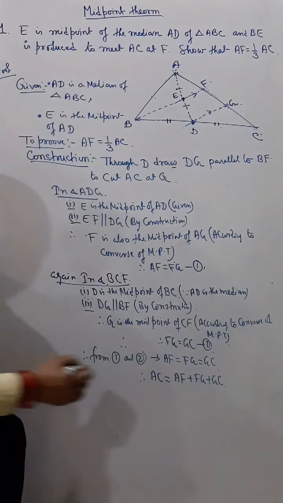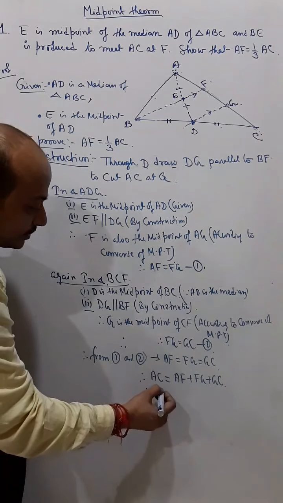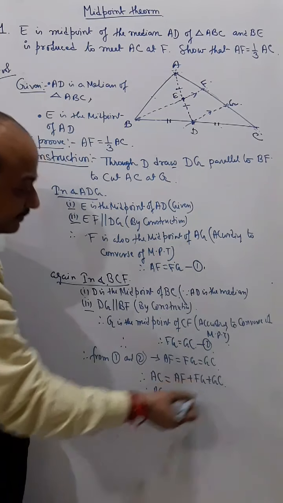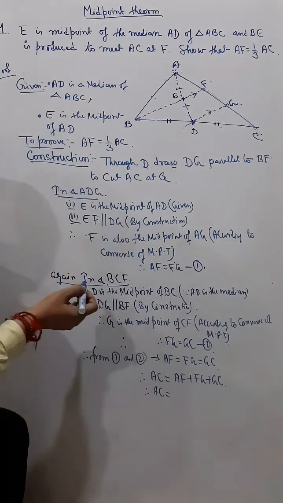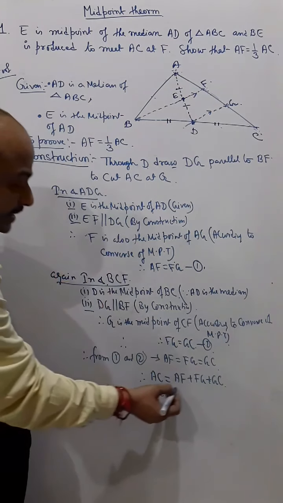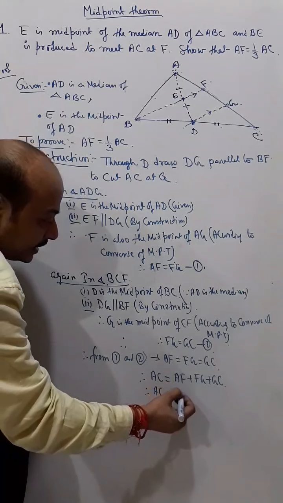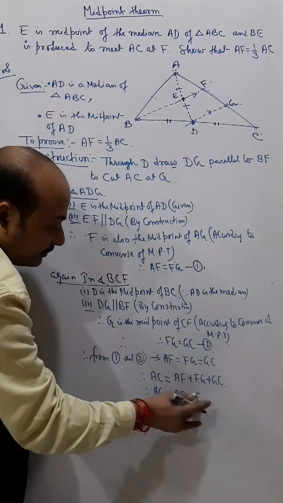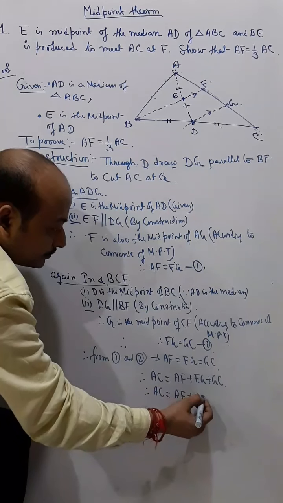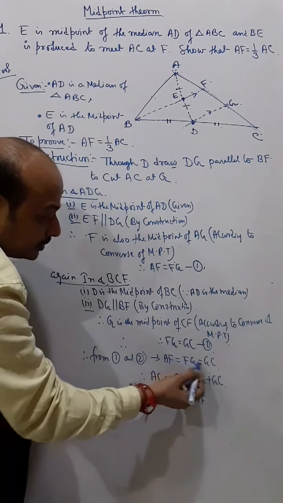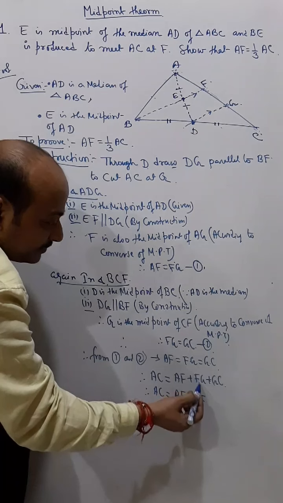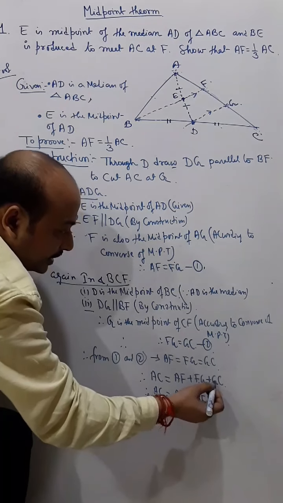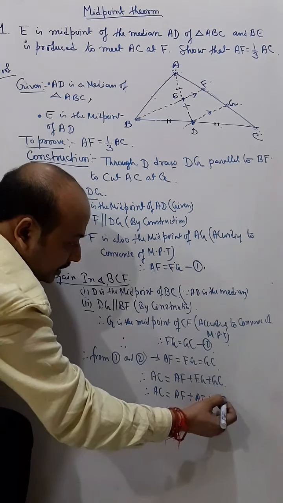Now I have to get everything in terms of AF. In place of FG I can write AF, and in place of GC also I can write AF, because all these three are equal.